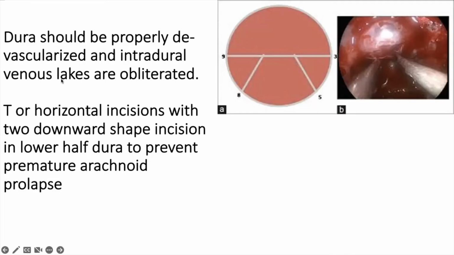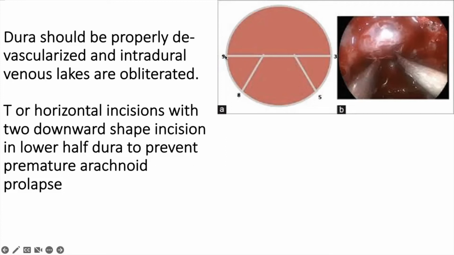About the dural opening, you should make a cut in the inferior half of the dura and leave the superior or anterior portion intact to prevent premature descent of the arachnoid.